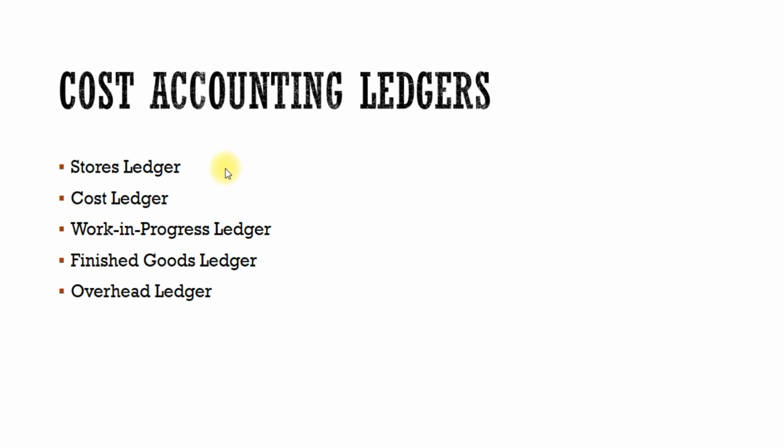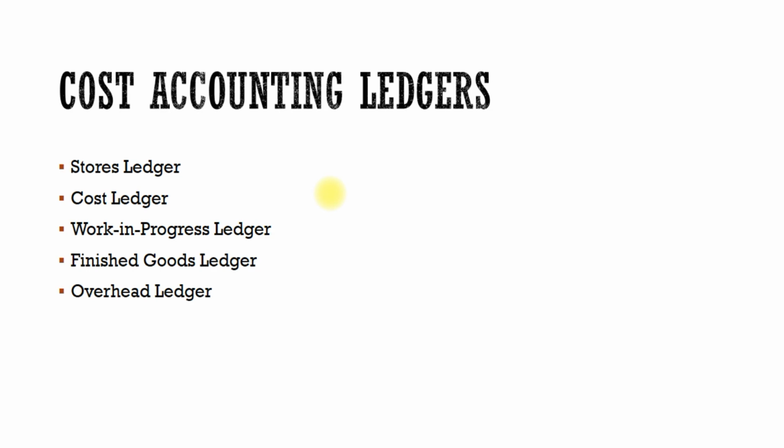We'll take a look at what each of them means. Stores ledger. Imagine that a stores ledger is used in a store for stacking raw materials for a manufacturing firm, with a full-fledged accounting department in its premises or with the help of a financial firm for all the accounts it has to deal with.